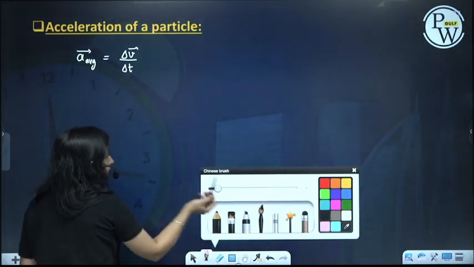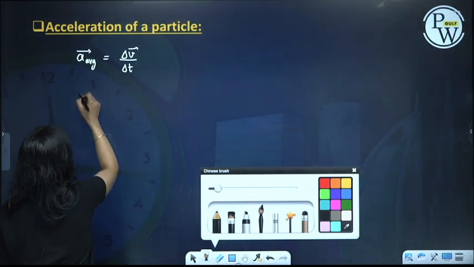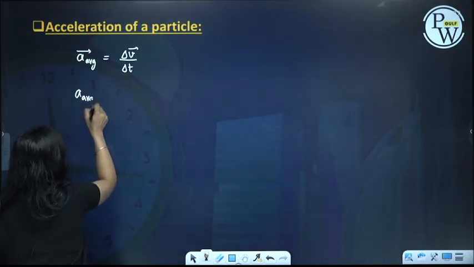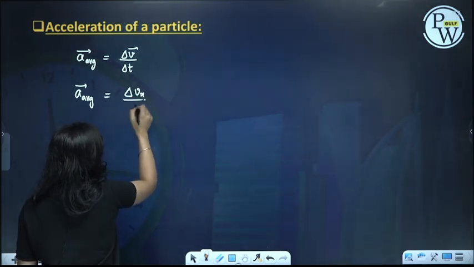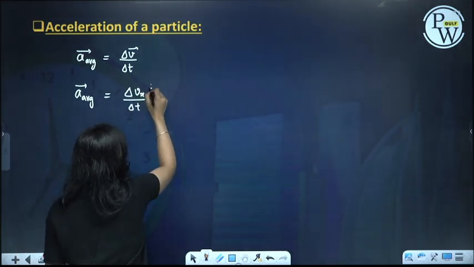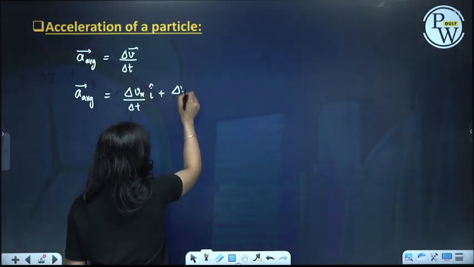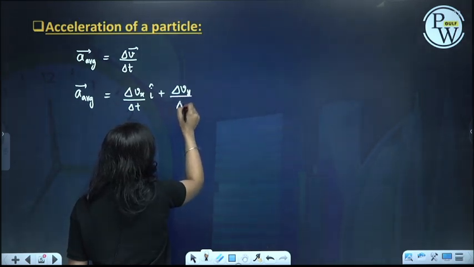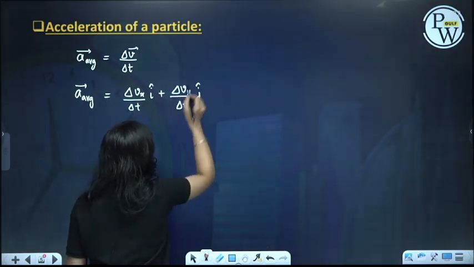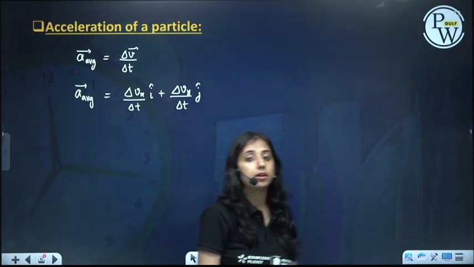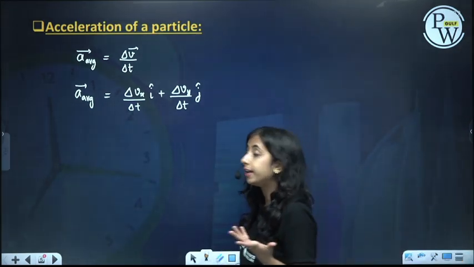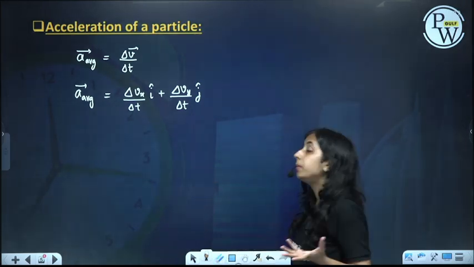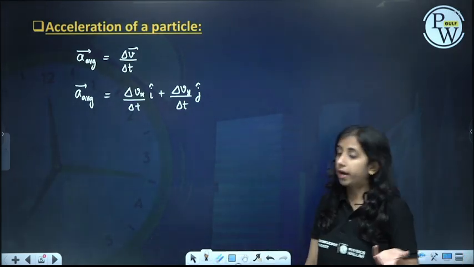If we write it in component form, it will become delta vx by delta t i cap plus delta vy by delta t j cap, where delta vx is the change in velocity in the x direction and delta vy is the change in velocity in the y direction.